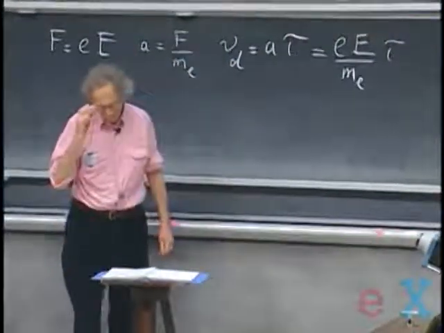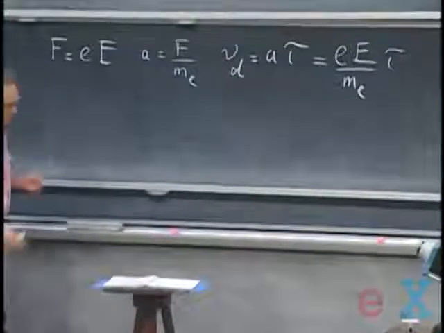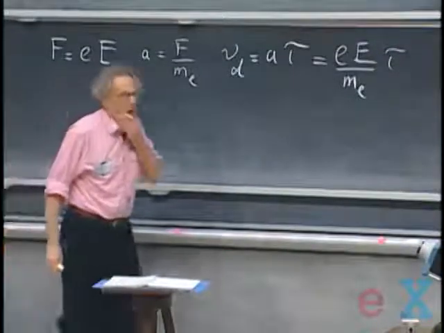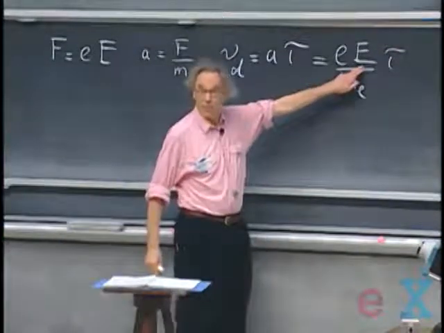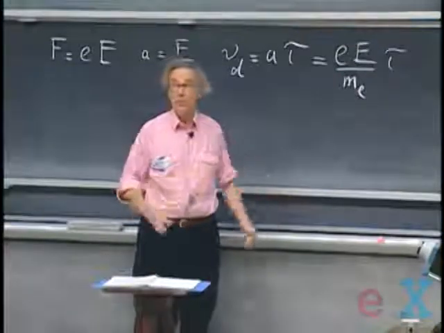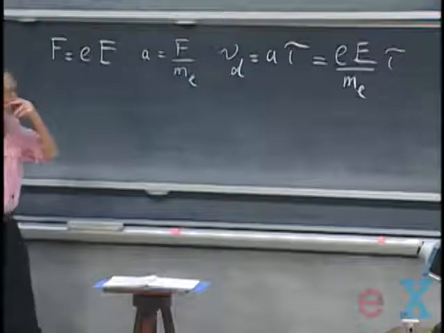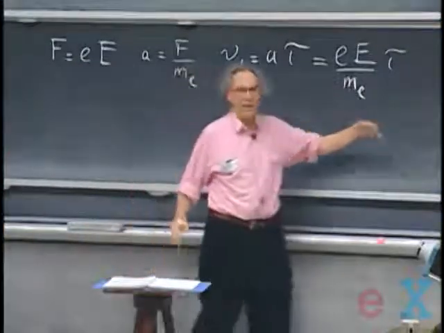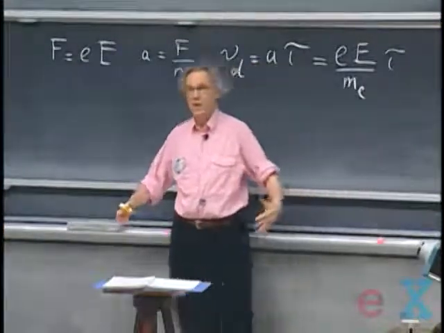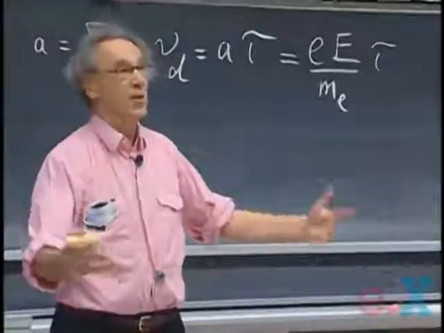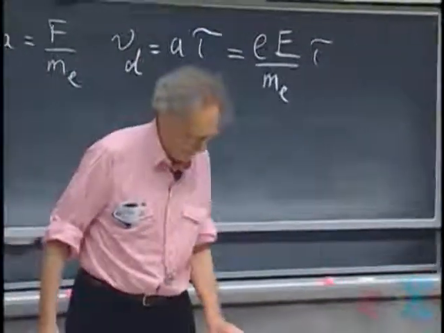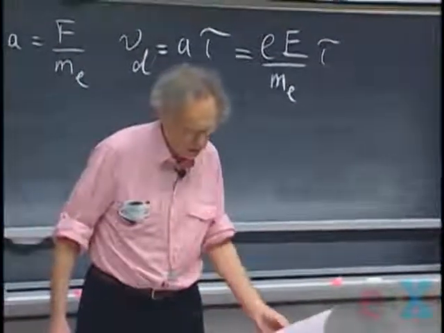And that is the drift velocity. When the electric field goes up, the drift velocity goes up. So the electrons move faster in the direction opposite to the current. If the time between collisions gets larger, the acceleration lasts longer, so also they pick up a larger speed. So that's intuitively pleasing.